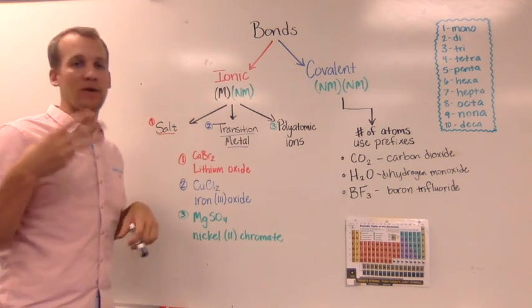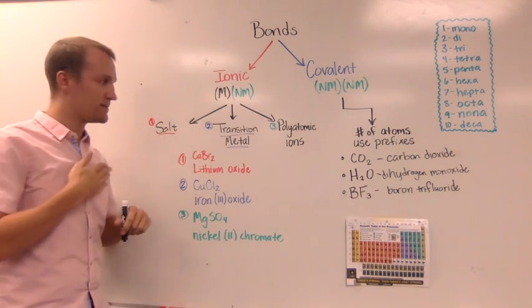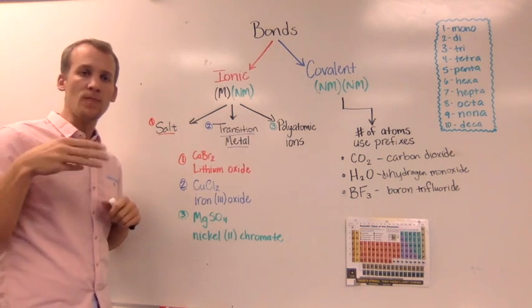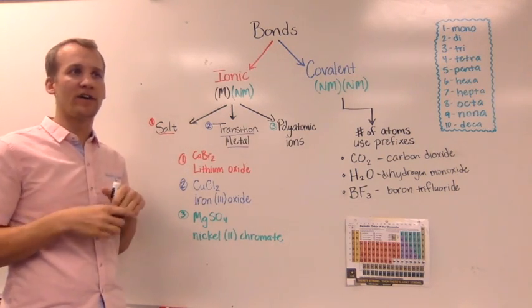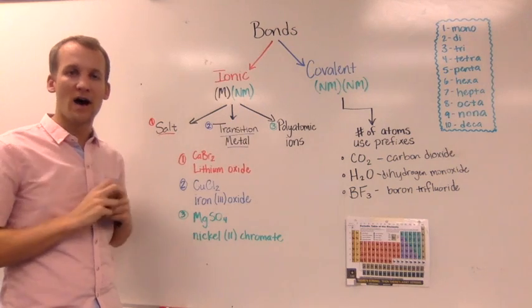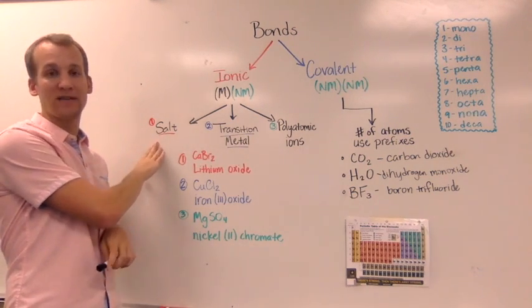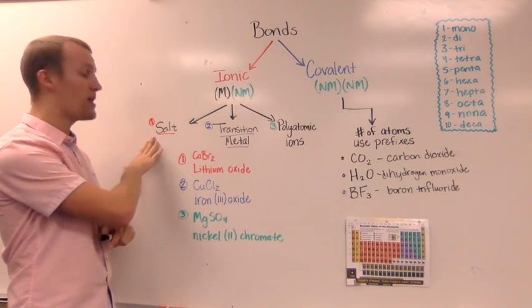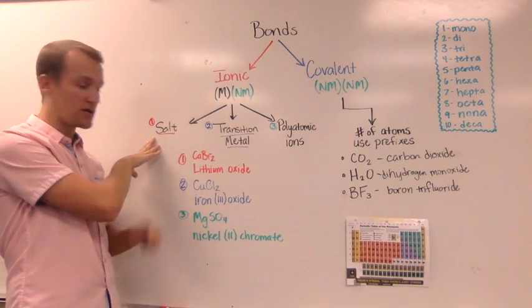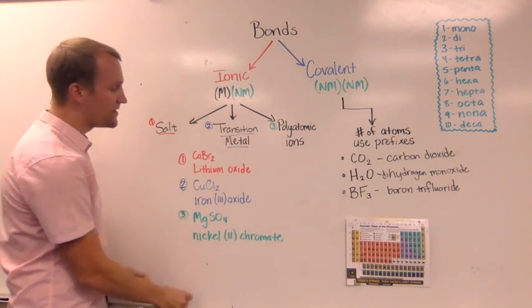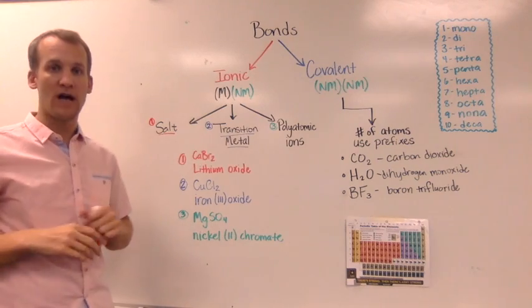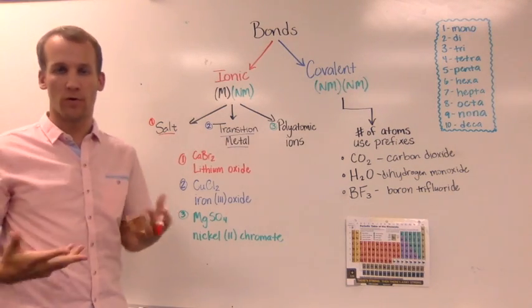Now, that can show up pretty much in one of 3 ways. First, it can be the kind of what we say normal ionic bond, which is going to show up as a salt, okay? The normal ionic bonds will show up as salt, which we talked about in the last video. These salts or normal ionic bonds are going to be the most straightforward to name.